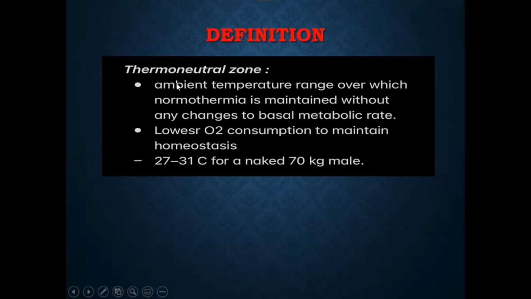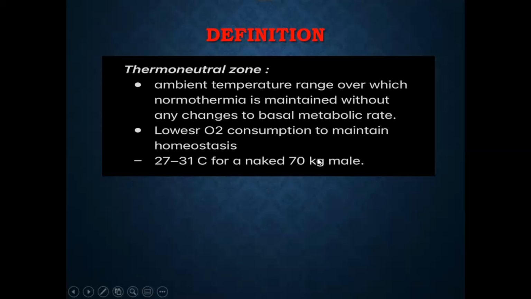But the ambient temperature is the temperature during which there is not much change in the basal metabolism. It means lowest oxygen consumption to maintain homeostasis. During this ambient temperature range, there won't be much alteration in the basal metabolism.